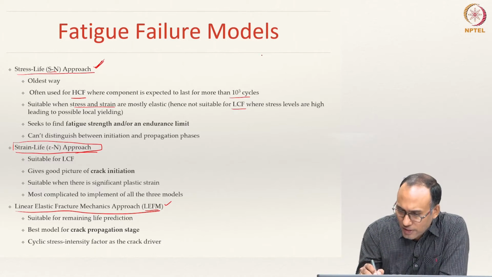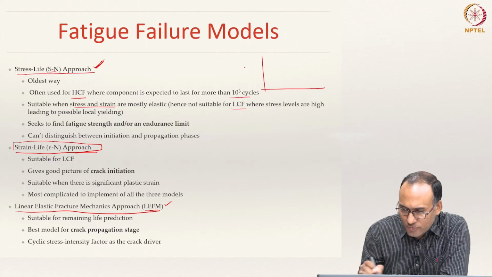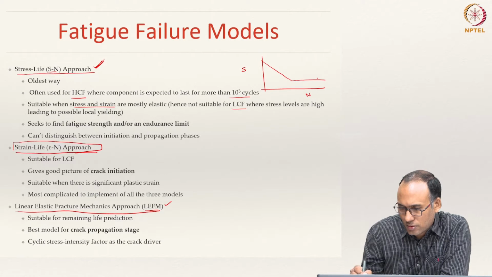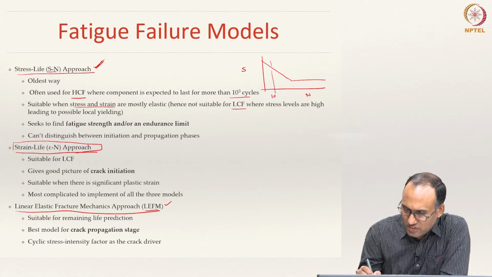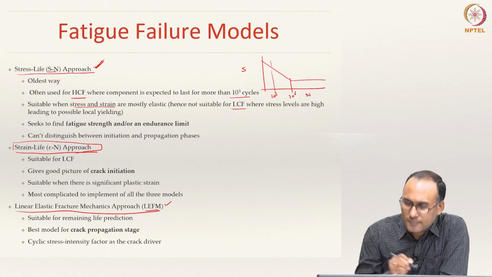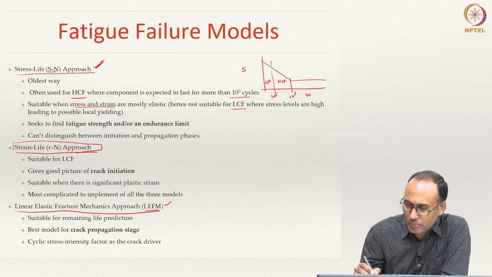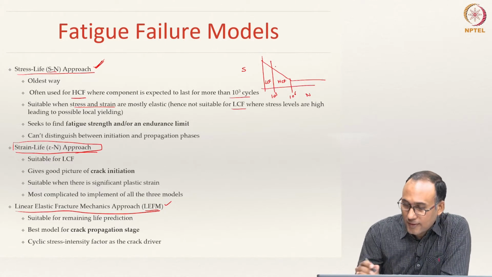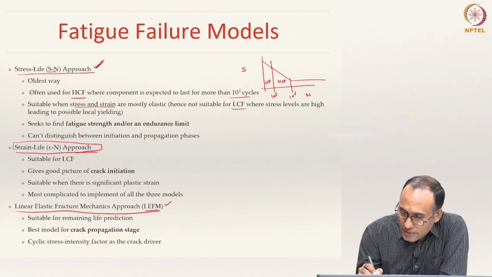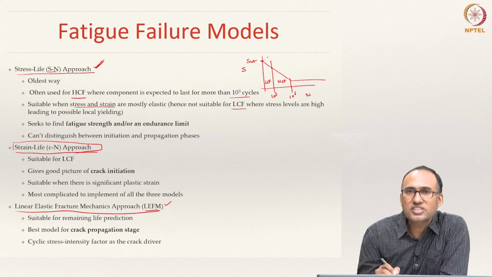Why? If you look at your SN diagram, let us say this is our 10 power 3 cycles and this is our 10 power 6 cycles, okay? This is your low cycle fatigue regime, LCF, and this is your HCF, high cycle fatigue regime, because this is your 10 power 3 cycles, correct? Now, in this regime, your stress amplitude is usually very close to your ultimate strength.